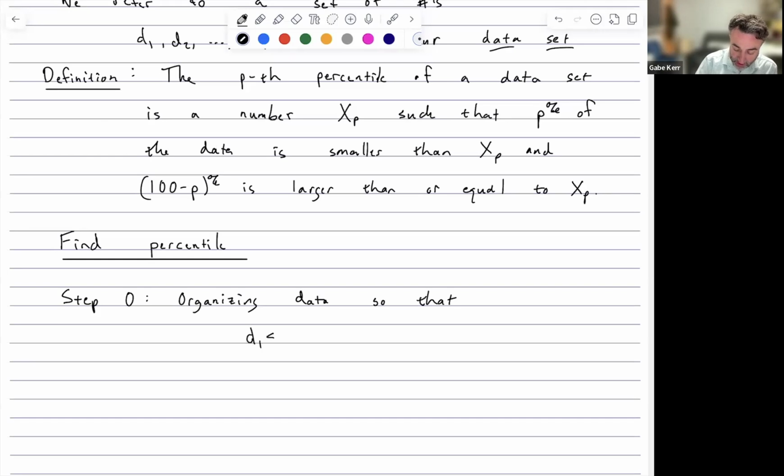Here, we'll assume for the moment that we don't have the same number each time. So maybe everything comes with frequency 1 just for fun here: D1, D2, D3, and so on, up to D sub n.